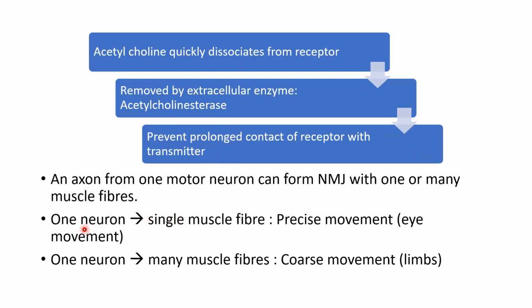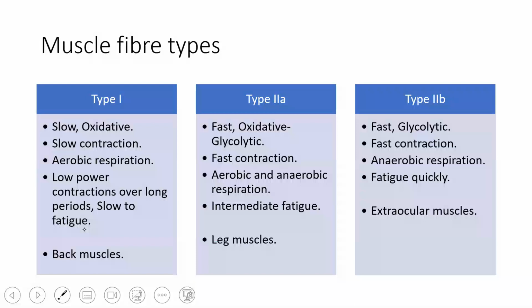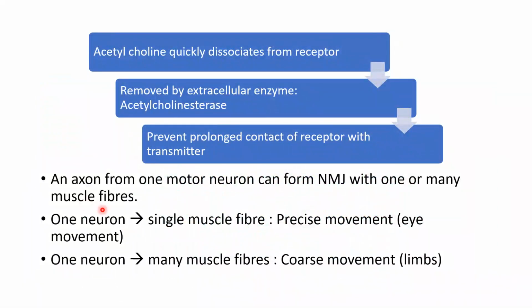One neuron can innervate a single muscle fiber or many muscle fibers. Innervation of a single muscle fiber by a single neuron is found in places where there should be precise movements, such as in eye movements.